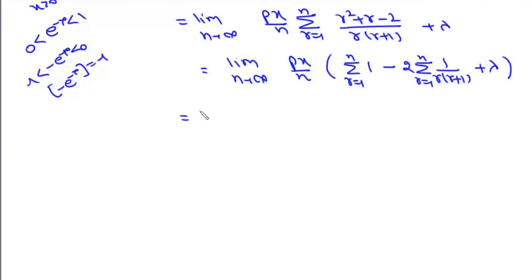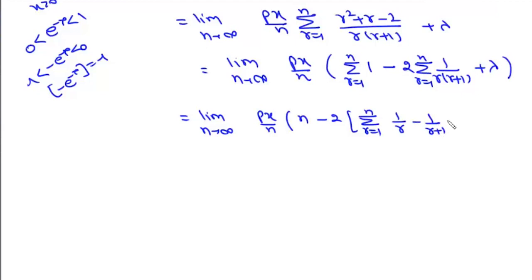Now this is limit n tends to infinity of px by n, now this is n and this is minus 2, and we can write this as the summation r varies from 1 to n of 1 upon r minus 1 upon r plus 1, plus lambda.